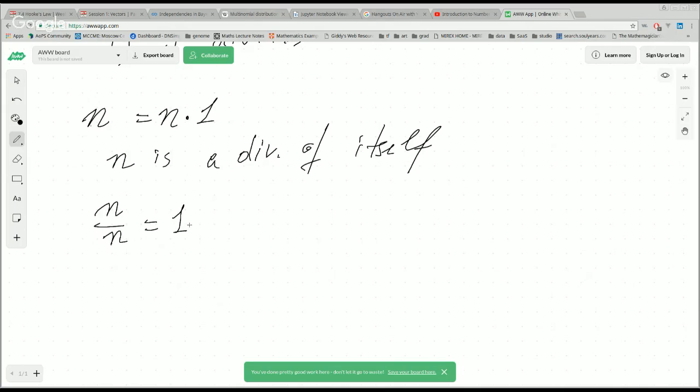Which is an integer. If I take a number, divide by a number, and the result is an integer, we know that that number is a divisor of that numerator. So this n here is a divisor of this numerator, but they're the same, which means n is a divisor of itself. Now, this statement here has one exception. I hope you can see what the exception is. The exception is when n is 0.